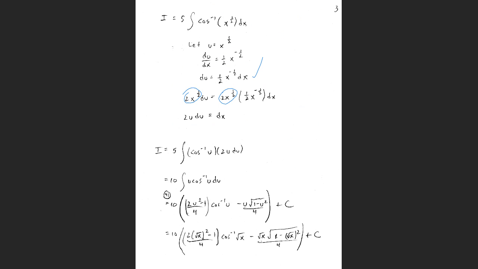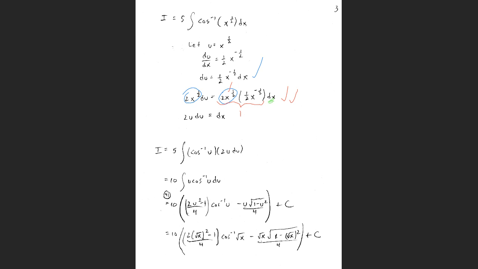Now, why am I choosing that? Well, I want to get the dx alone, which means that in front of the dx, I need a 1. So 2 times 1/2 is 1, and x to the half times x to the negative half is also equal to 1. You see, that's why I chose 2 times x to the half power. It's so I could get a 1 in front of the dx.